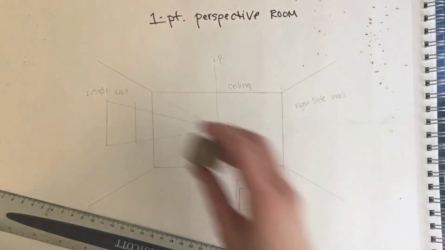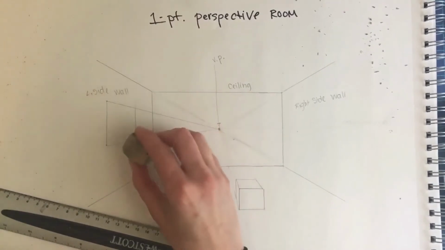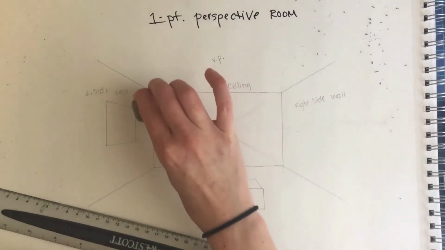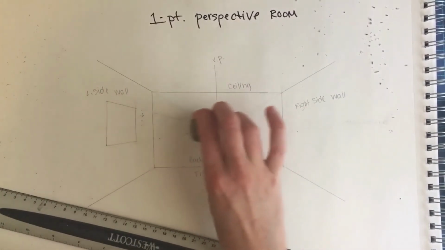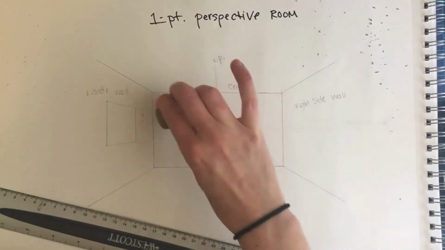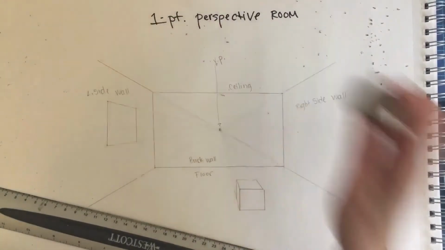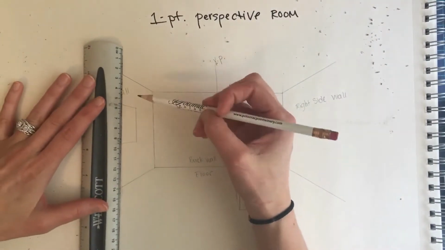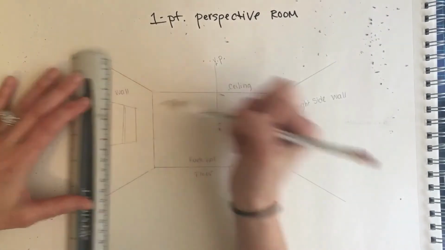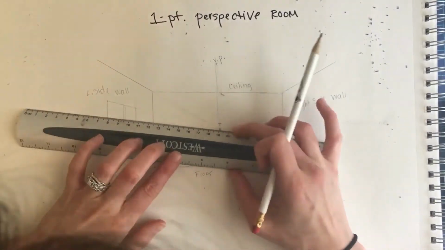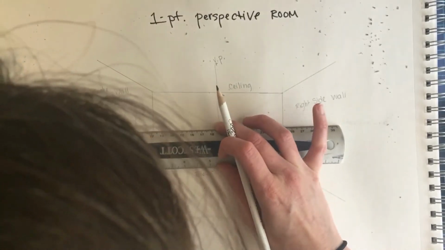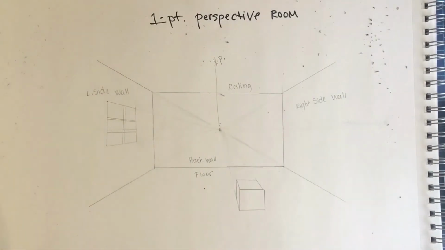Okay, then you're going to erase and disconnect that shape from the vanishing point. Now you got a window. All right.